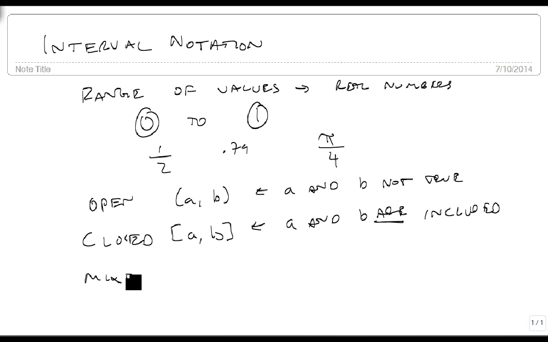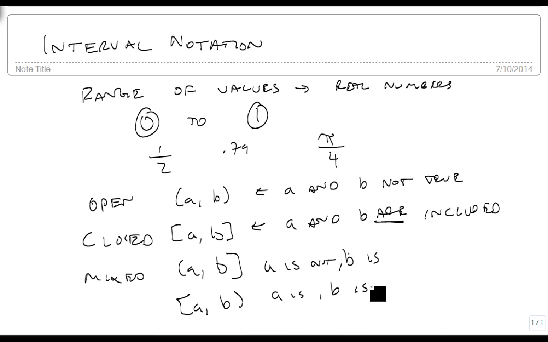And then we have mixed, where we go a not included to b included, or a included, b not. Oops, just wrote that backwards. A is not, B is, or A is, B is not. These are both mixed, where one is open and one is closed.